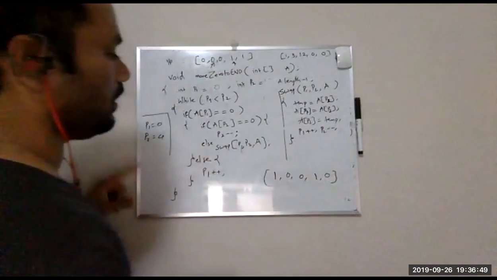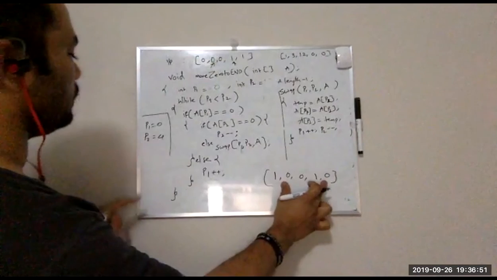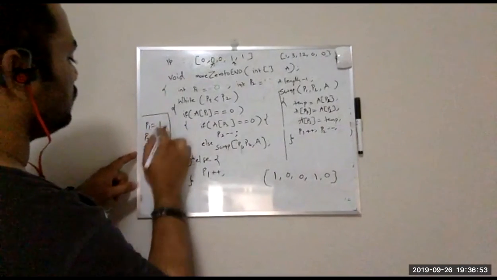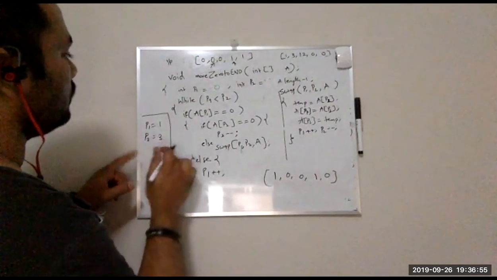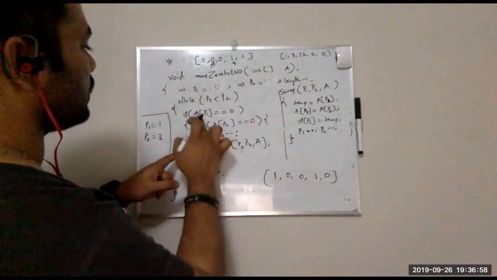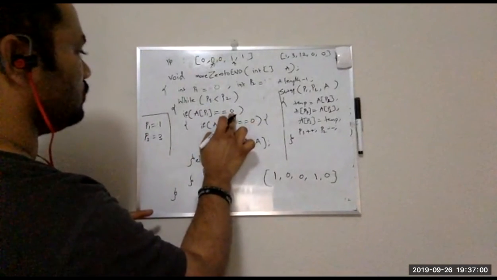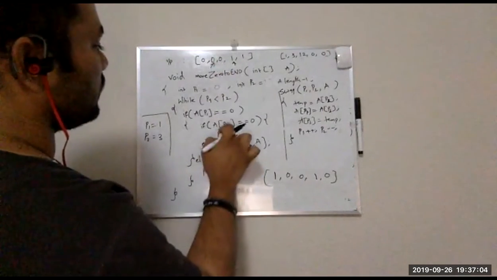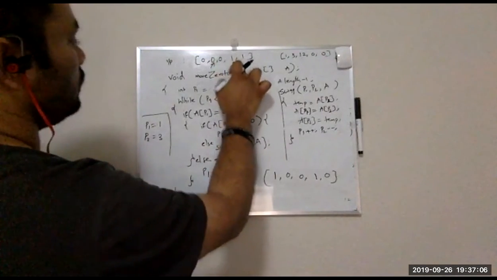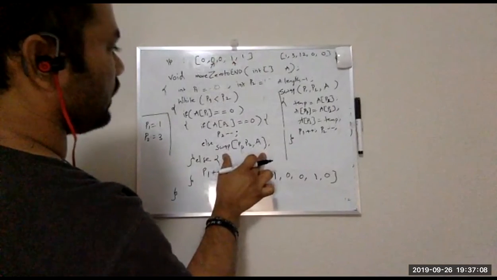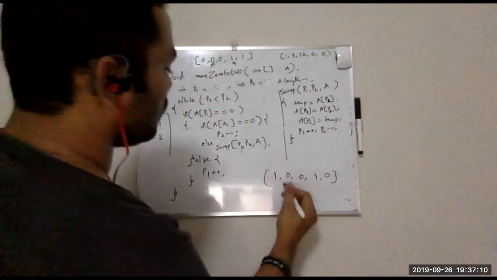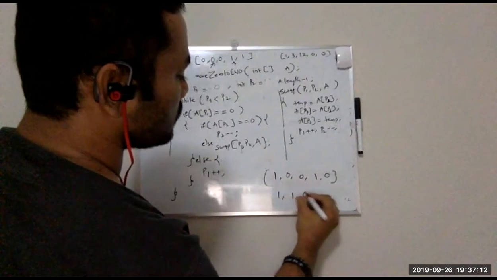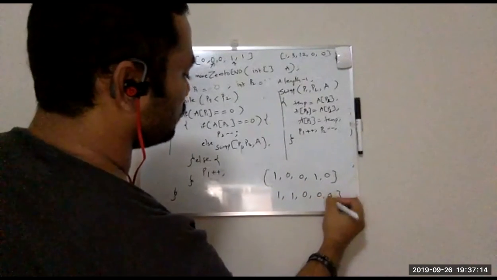This 1 and this 0 are swapped. Now P1 would be 1 and P2 would be 3. Still 1 is less than 3, and a of P1 is equal to 0, so it goes inside and checks if a of P2 is equal to 0. No, so it goes to the swap function again and swaps these values.